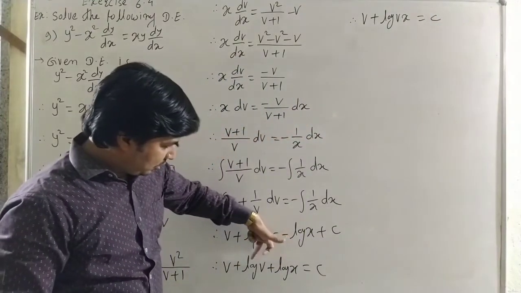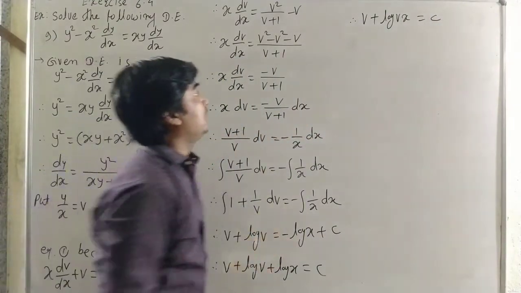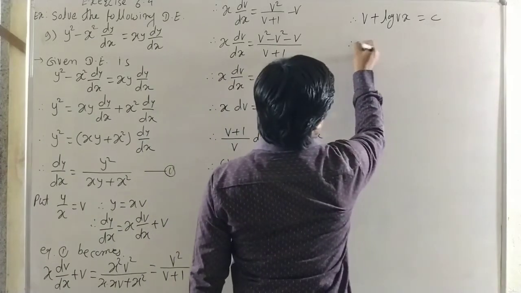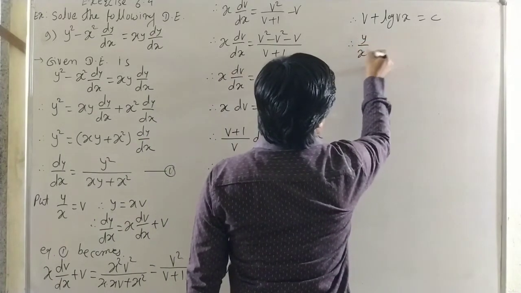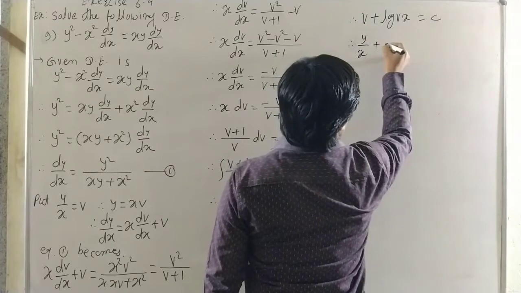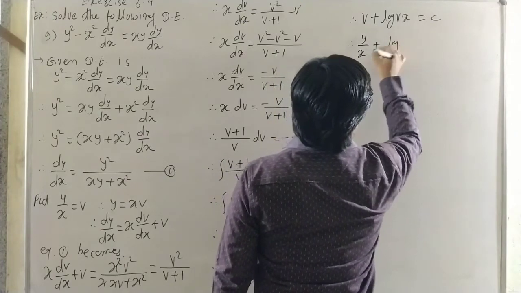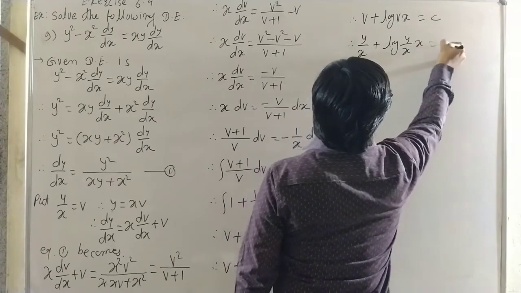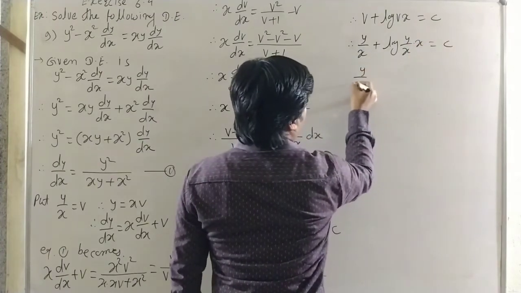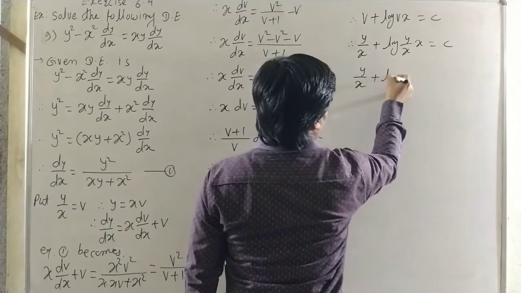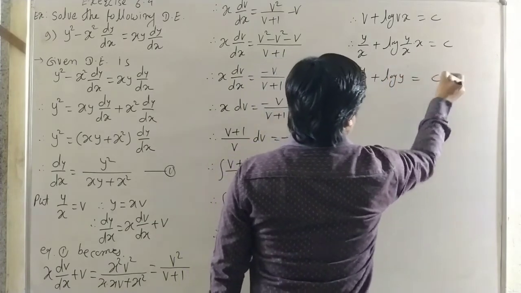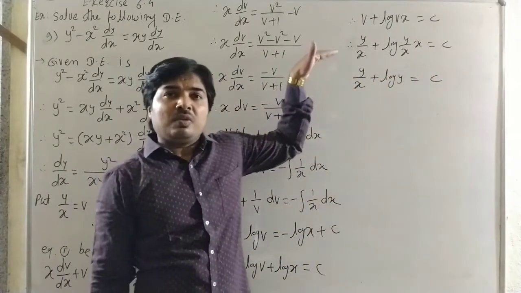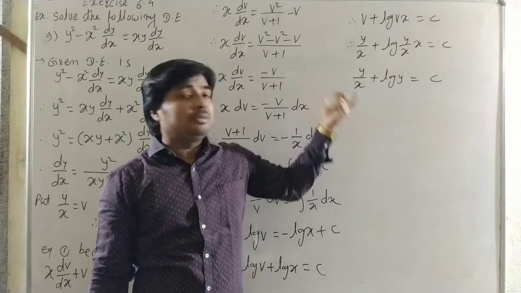Here use the property log v plus log x is log vx. Then put the value of phi, y by x. y by x plus log of y by x into x is equal to c. Then y by x plus log y is equal to c is the required solution of the differential equation.